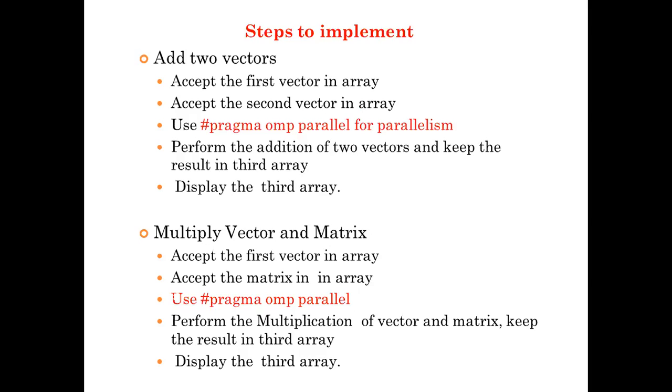Now this will match for the multiplication, and we'll use OMP directives for parallel processing, #pragma omp parallel, which will create the number of threads to execute the code we write in parallel, and we get the output in a third array, the result of this vector and matrix multiplication. That is the second program we are going to write.